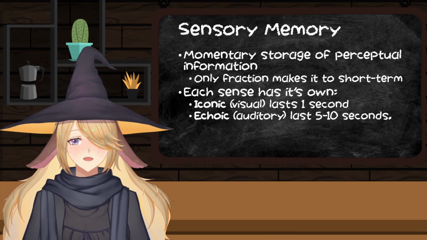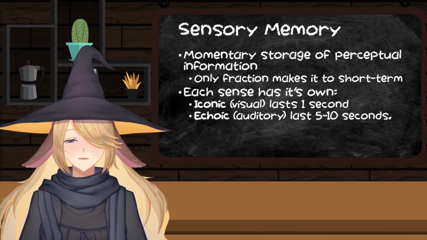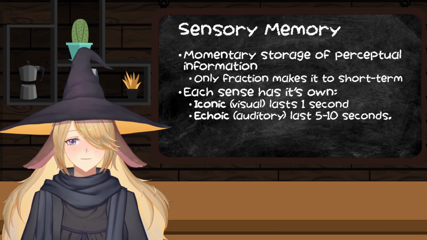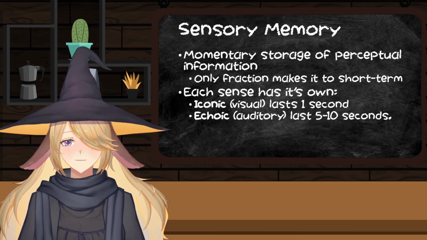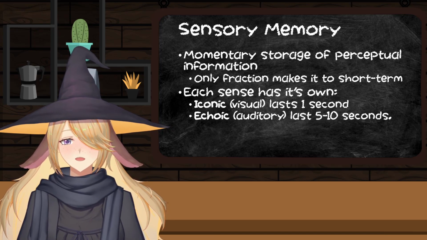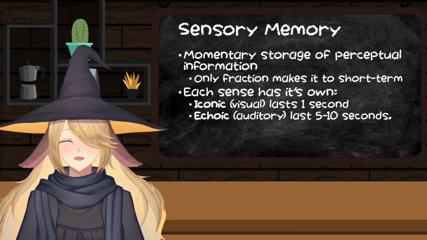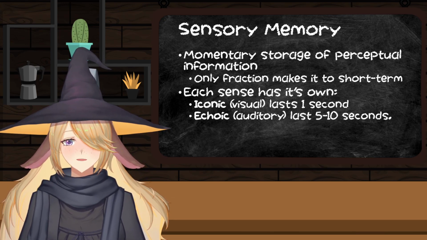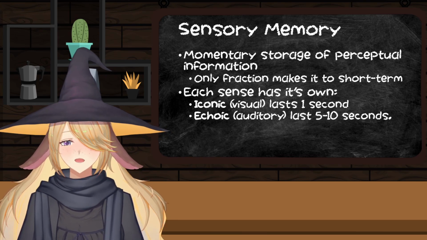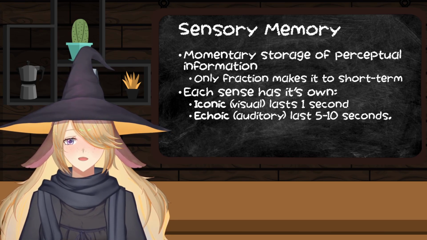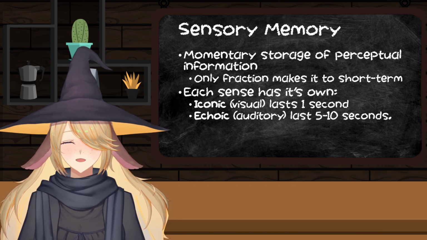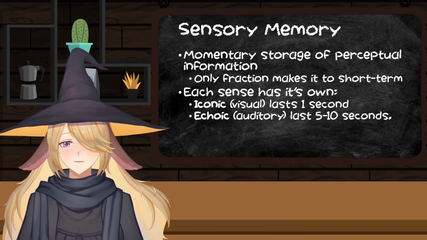Memory comes in, it lasts for a fraction, maybe even a second, maybe a couple of seconds. But if you don't focus on it or attend to that information, it's just lost over time. So maybe something might move in and out of your field of vision very quickly. Or in the case of echoic memory, or auditory memory, it might only be a couple of seconds, but sometimes you might be following somebody, you get distracted, and when you come back to the conversation, you can't remember at all what they were talking about.